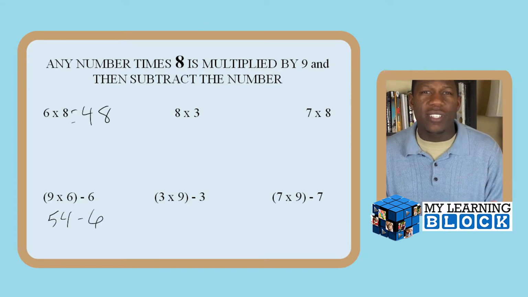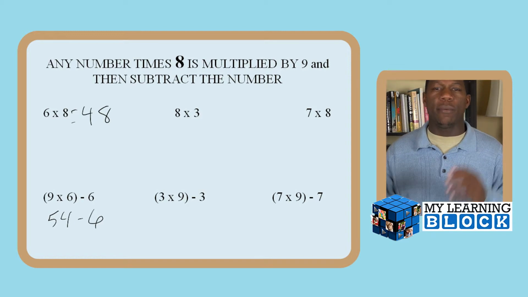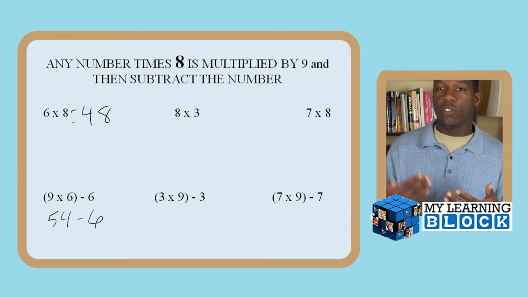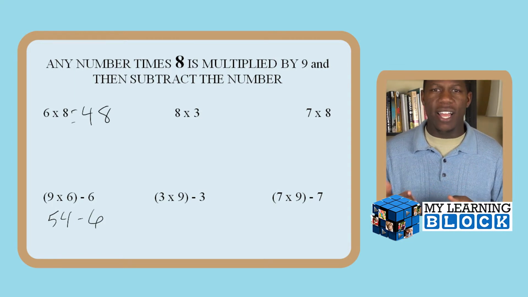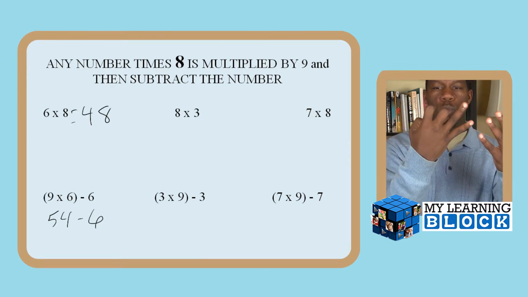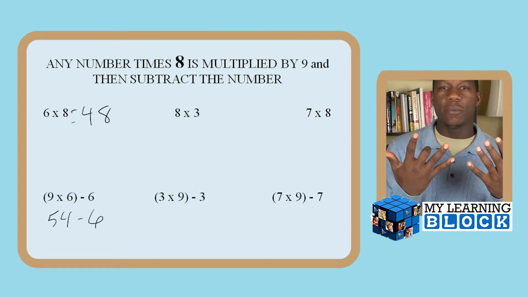Your child can do the same thing for 8 times 3, so give them the opportunity. So 8 times 3, I'm going to do what first? Multiply by 9 and then subtract the other number, which is 3. So multiplying 3 times 9, 1, 2, 3, sorry, 27, and then I would subtract my 3.